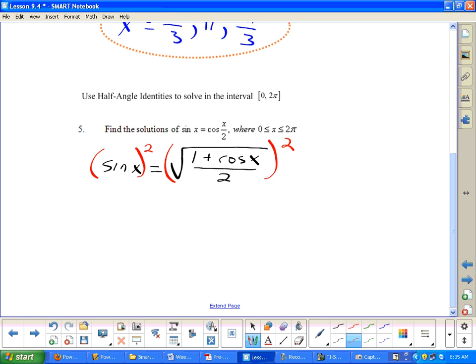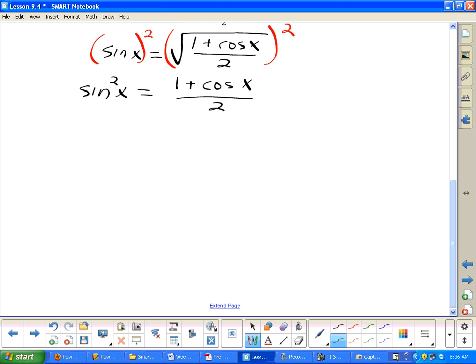Because now this will give me sine squared, which I'll be able to change to cosine squared. Okay.